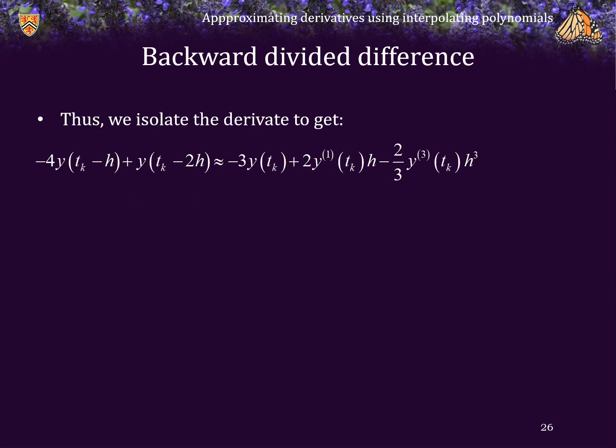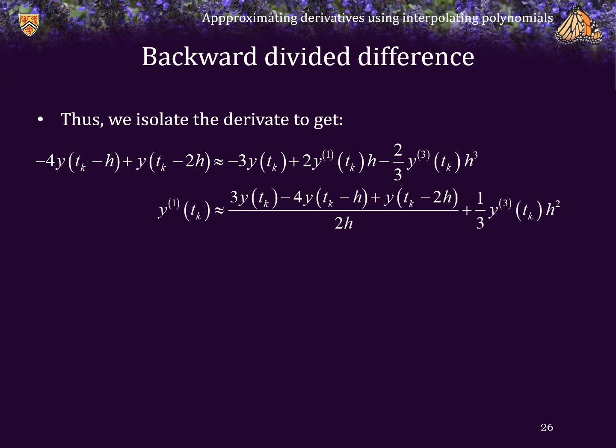All right, so now with this formula, once again, let's isolate the derivative. If we isolate the derivative, bring the derivative to the left-hand side, divide by the appropriate amount, we get that the derivative is approximately equal to this expression plus our estimation of the error term, assuming the third derivative is approximately constant.